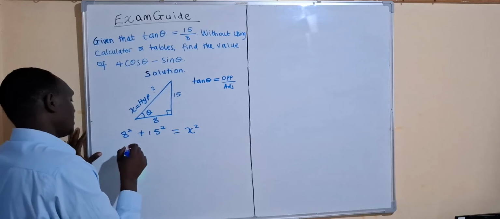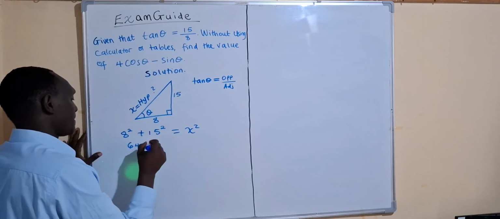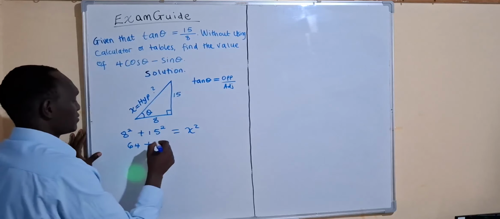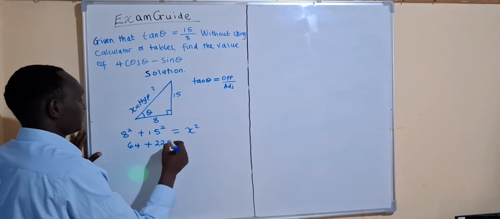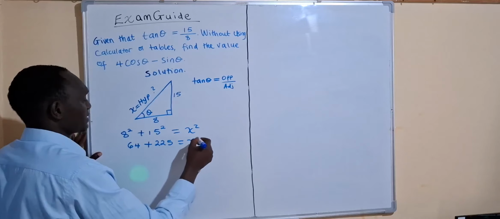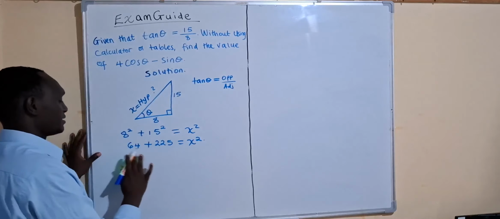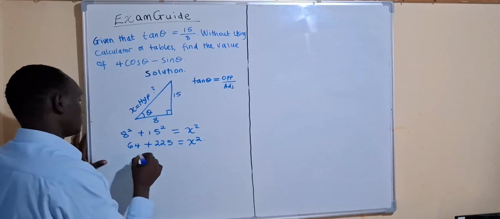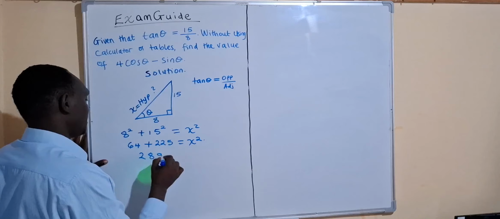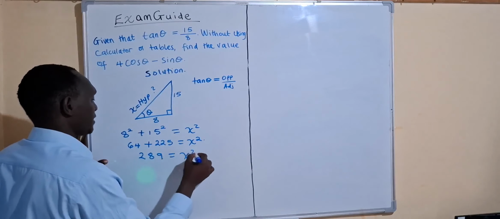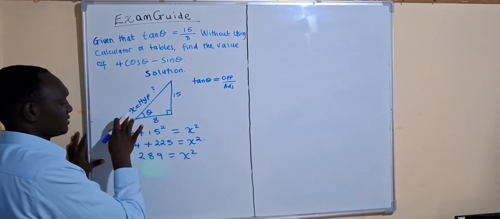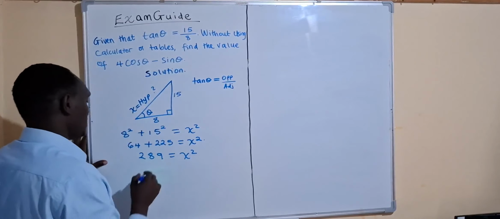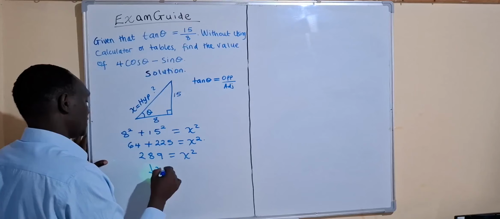What is 8 squared? This gives us 64, plus 15 squared is 225, equals x squared. Then if we add 64 plus 225, we get 289 equals x squared. But we are only looking for x, so we shall take the square root on both sides.